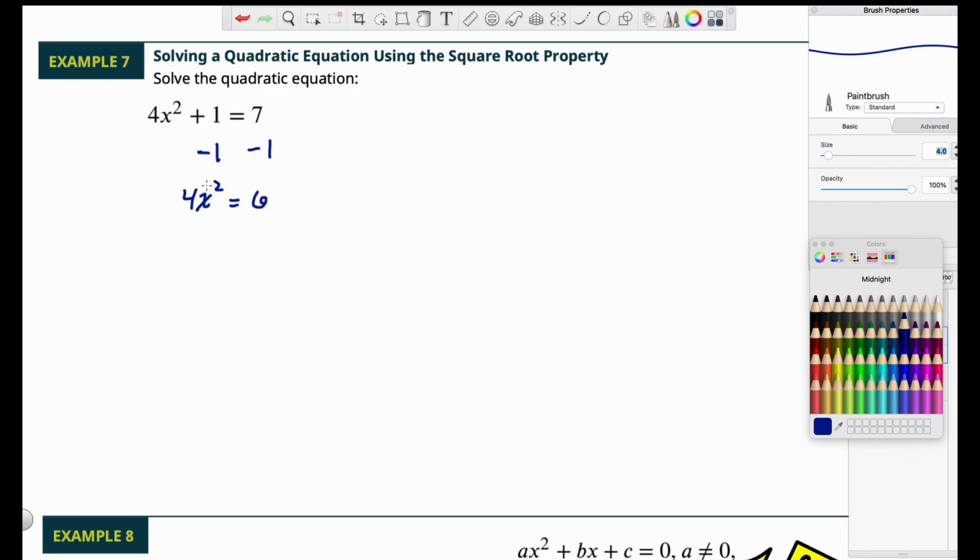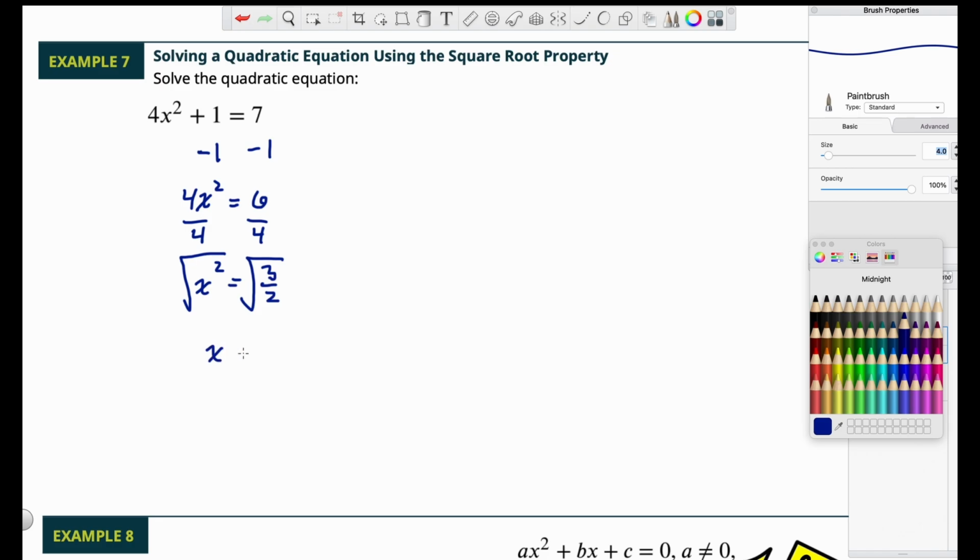Then we have to undo the multiply by 4, so let's divide by 4. Now I get x squared equals 6/4, and 2 is a common factor, so that simplifies to 3/2. Now it's time to undo the squaring, so we're going to take the square root of both sides.